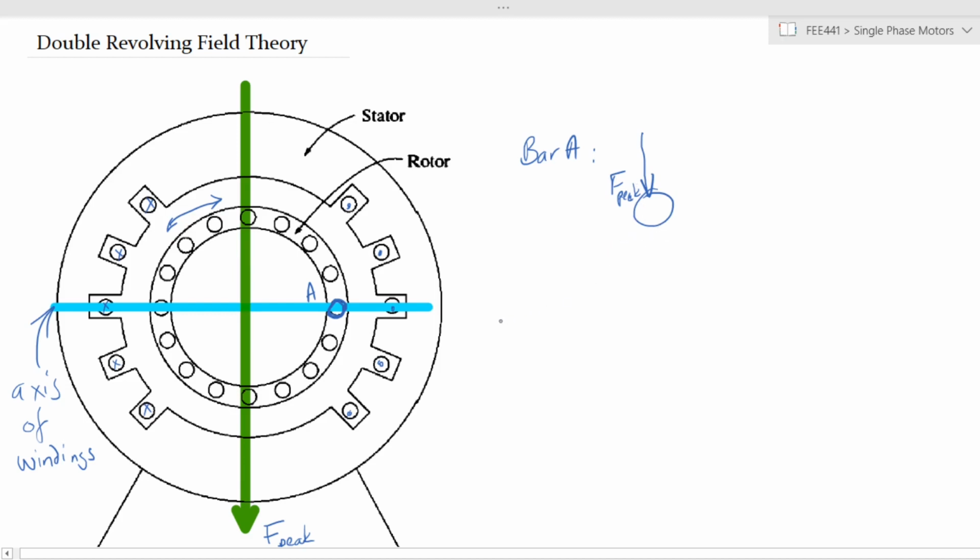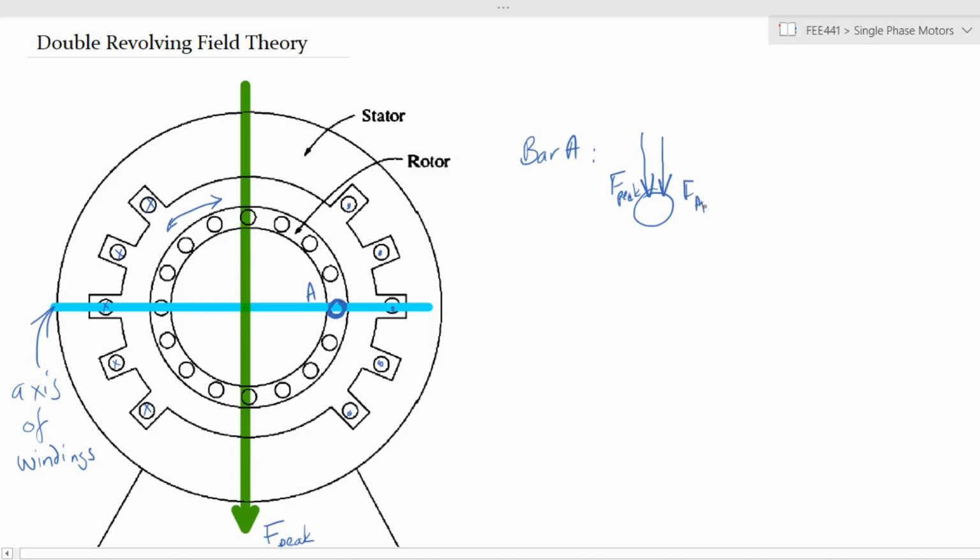Now, the rotor itself is only free to move either in a clockwise or an anti-clockwise direction. So if we look at the position of bar A, which is at this point, at this particular instant, the only resultant force that can move that way is in that direction. Okay. So what is the value of FA?